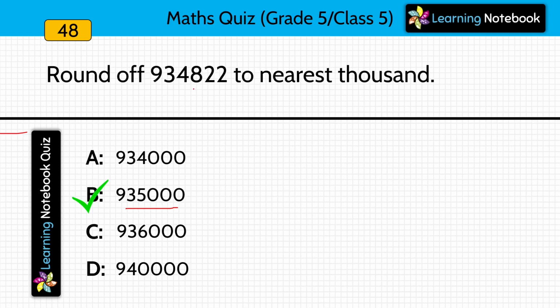Students, remember, to round off a number to nearest 1000, we look at its 100 digit. So here 100 digit is 8. And since 8 is more than 5, we will round off this number upwards to 1000. So upward 1000 of 4822 will be 5000. Okay.